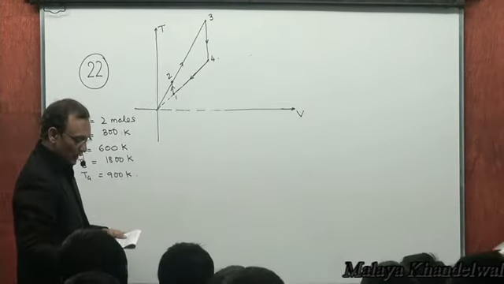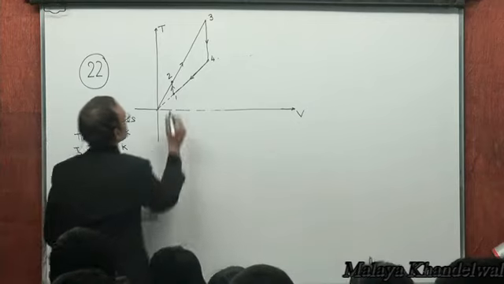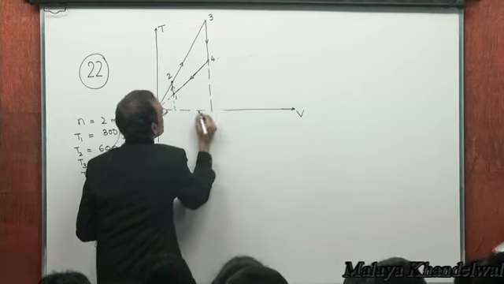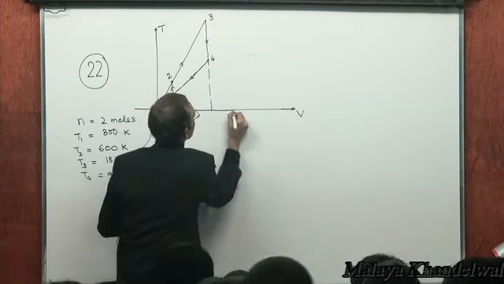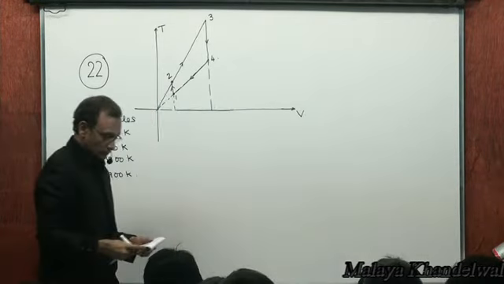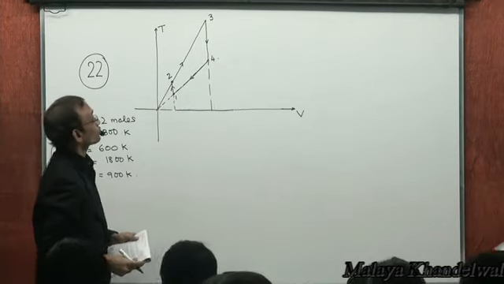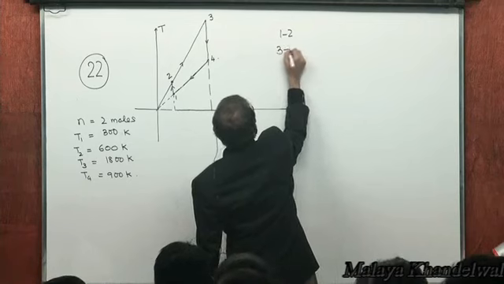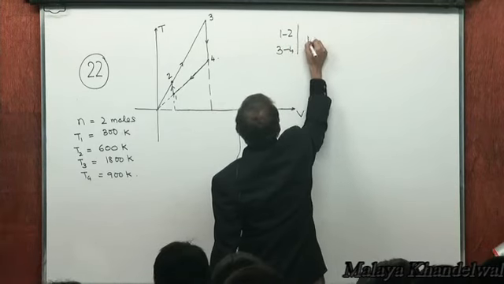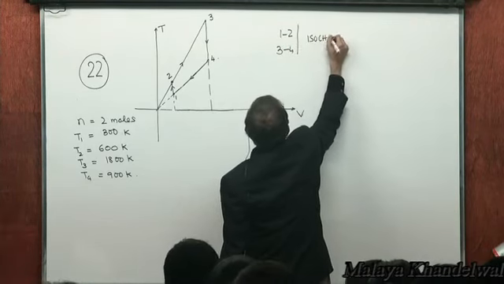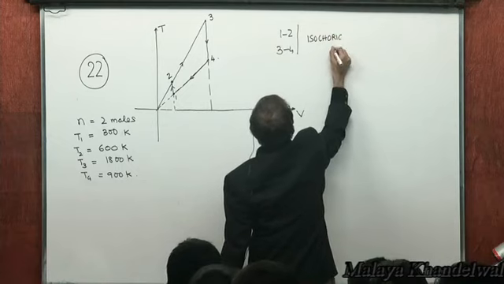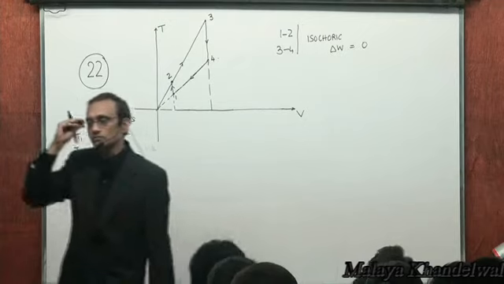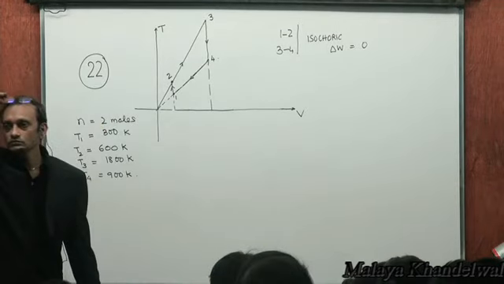As you can see, 1, 2 and 3, 4 are constant volume processes. What's the work done in these processes? Work done in these processes is going to be 0, for 1, 2 and 3, 4. Clear?